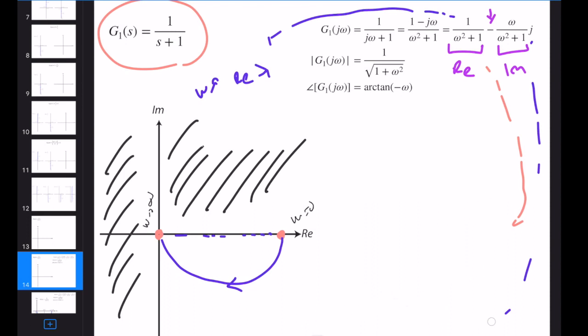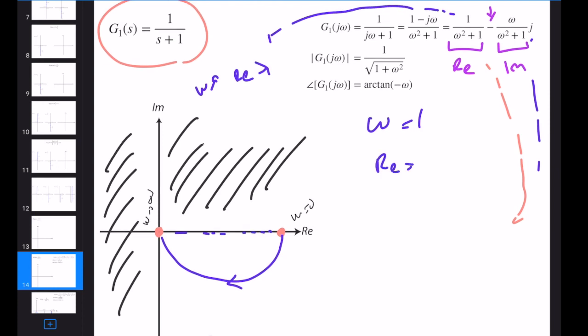Okay, so let's pick omega equal to 1: real part is equal to 1/2, imaginary part is equal to minus 1/2.